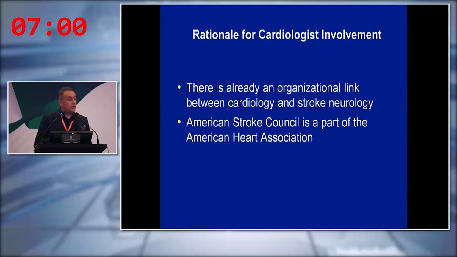And also, a good advantage for us is that we have a good relationship with the stroke neurologists in our hospitals. We already have a strong link because we have common patients. They send their patients to us. We send our patients to them. So we have a good relationship with stroke neurologists. I think this is a very good base to start stroke intervention.